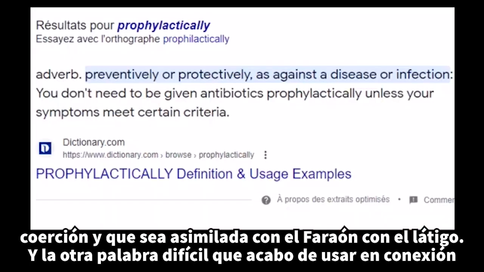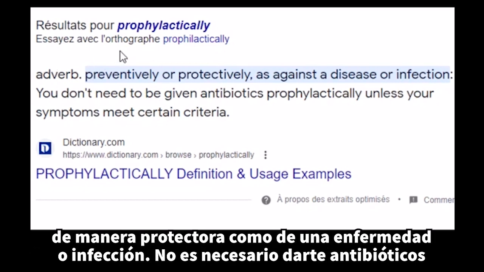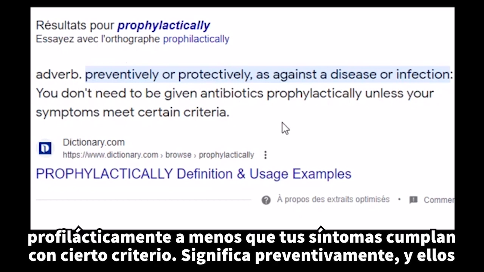And the other difficult word I just used in connection with the Biderman chart of coercion was prophylactically, which means preventively or protectively, as against a disease or infection. You don't need to be given antibiotics prophylactically unless your symptoms meet certain criteria.